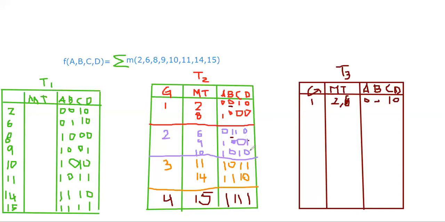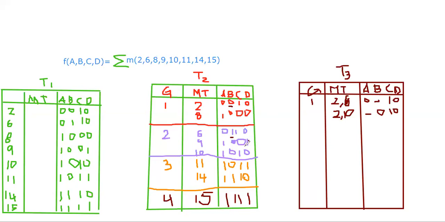There is one change in bit position A, so we can group 2, 10, that is dash 0 1 0. Now we will compare 8 with 6, so we cannot group 8 and 6.